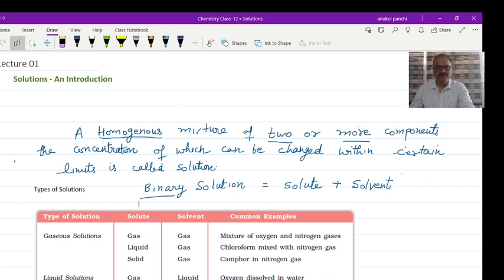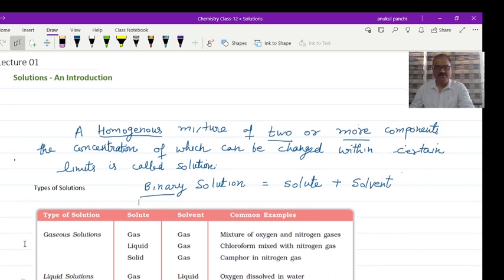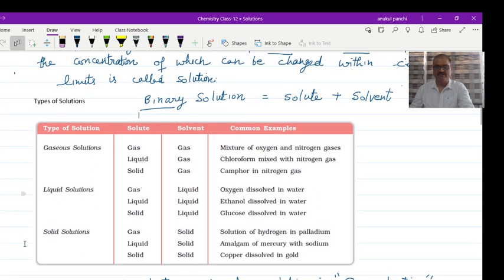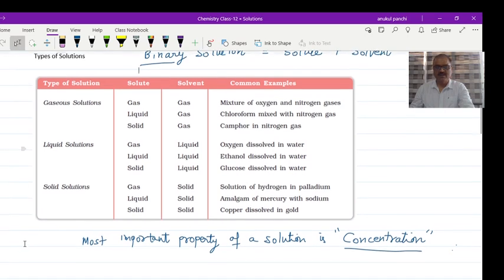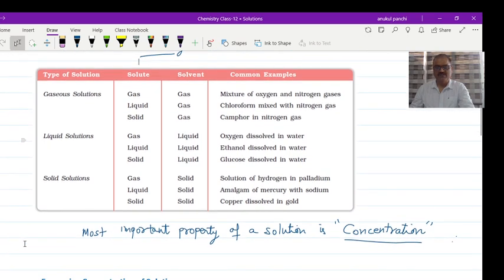You see here a table in which different types of solutions are given, depending upon the physical state of solute and solvent. Solute means the component in lesser amount, solvent the larger amount. Depending upon their physical states, there are 9 types of solutions.